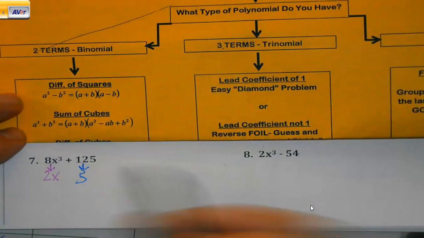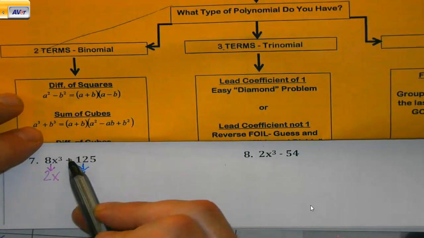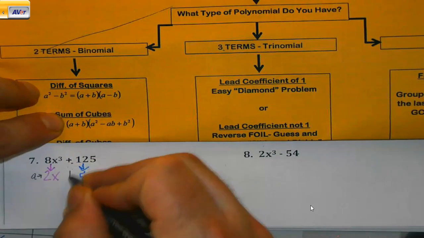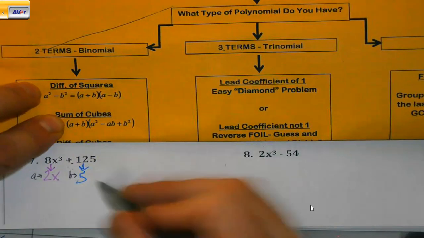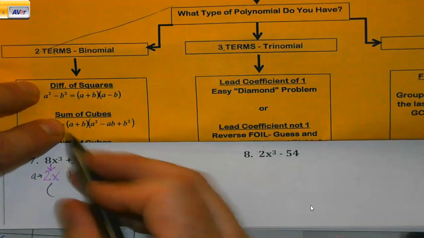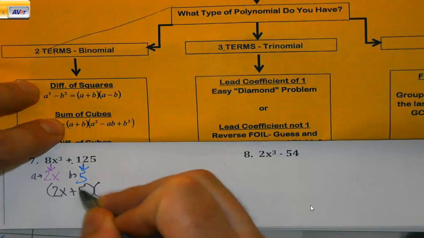And since this is cubes, plus in the middle, sum, I'm just following this. And again, if you want to label them with a little a and a little b, so you're literally just plugging them in, there's nothing wrong with that. So a plus b, 2x plus 5.